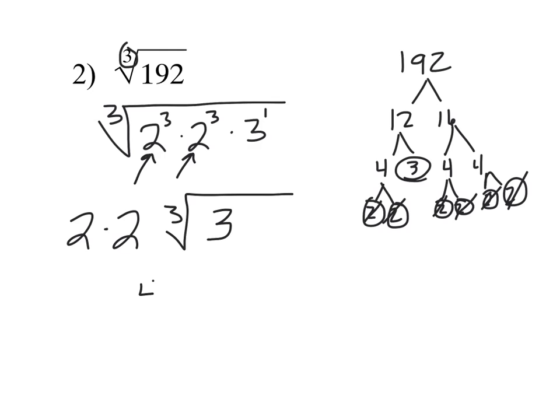So 2 times 2 is 4, and then I have a third root of 3. So my final answer is 4 times the third root of 3. Okay, now you should be able to complete the first 4 problems with numbers only, with roots with indices of 3 and 4.